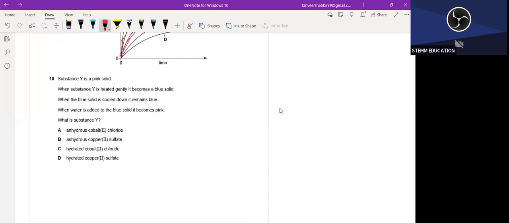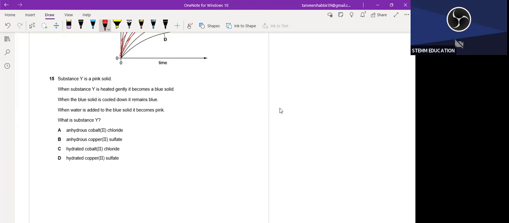Now, question number 15. Substance Y is a pink solid. When substance Y is heated gently, it becomes a blue solid. When the blue solid is cooled down, it remains blue, and when water is added again, it is pink. So we can directly say that if we heat it, it changes its color, and after adding water, it takes its original color.